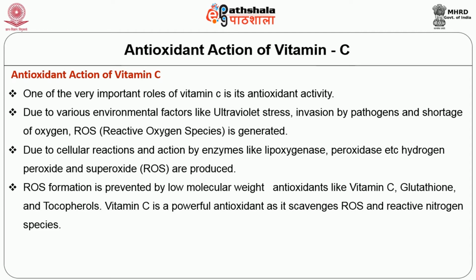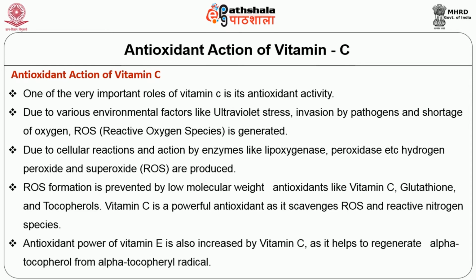Vitamin C is a powerful antioxidant as it scavenges ROS and reactive nitrogen species. The antioxidant power of vitamin E is also increased by vitamin C, as it helps to regenerate alpha tocopherol from alpha tocopheryl radical.